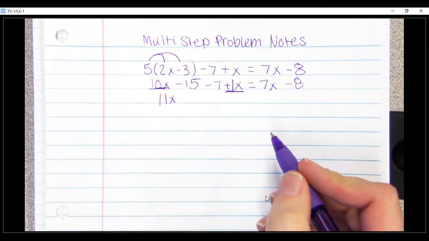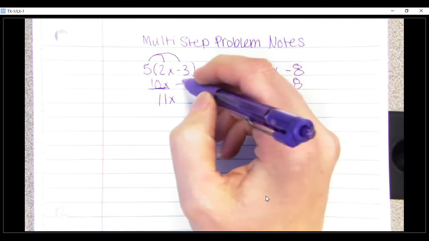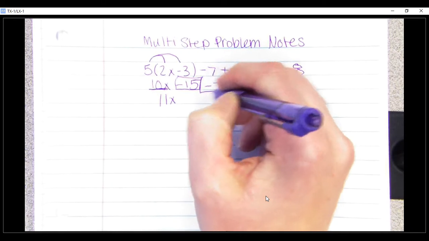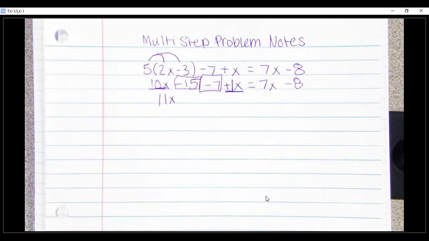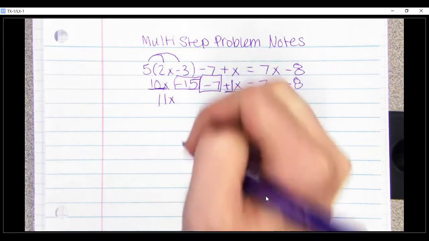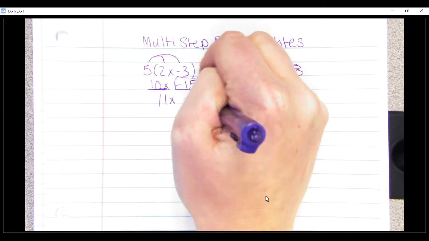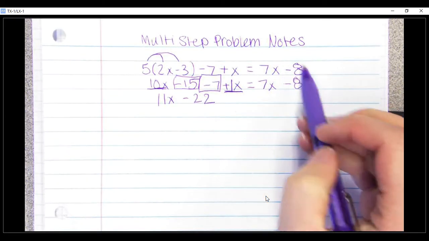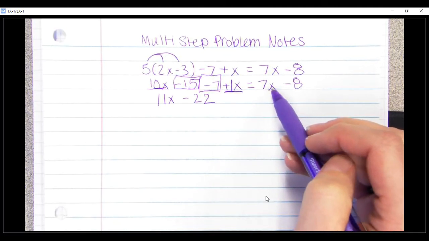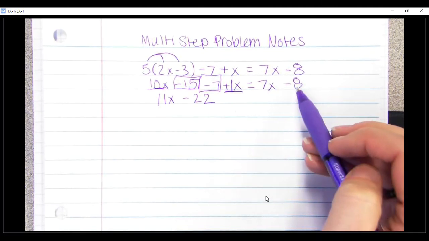And also on that side of the equal sign, I have a -15 and a -7. Neither of those numbers have a variable with it, so I know that I can combine them to get -22. Now I can't combine anything on this side of the equal sign because 7 has an x with it and 8 does not.